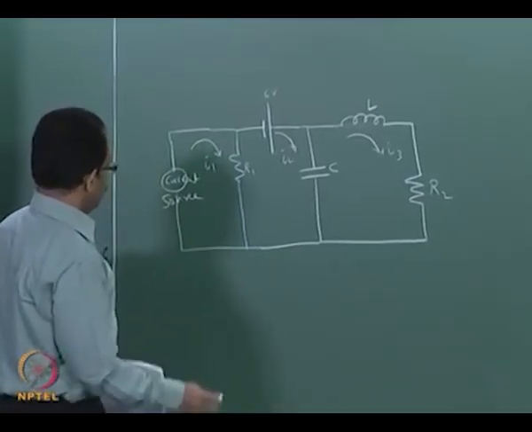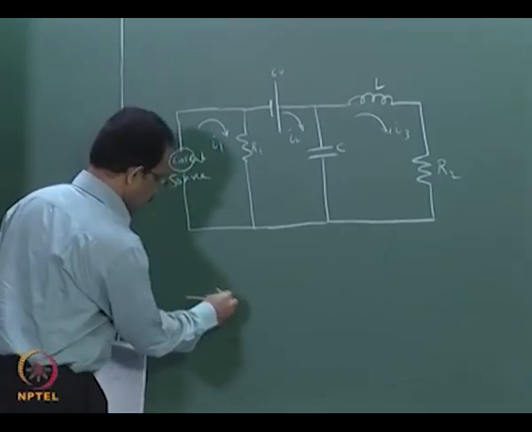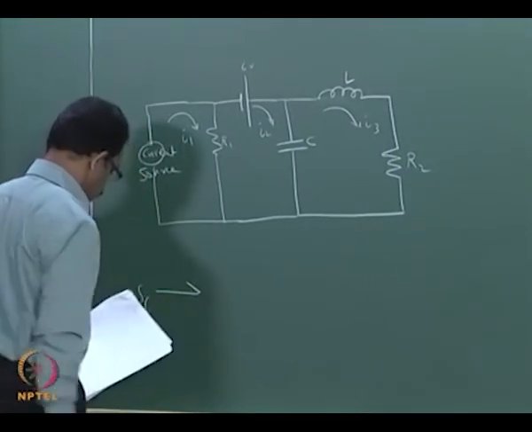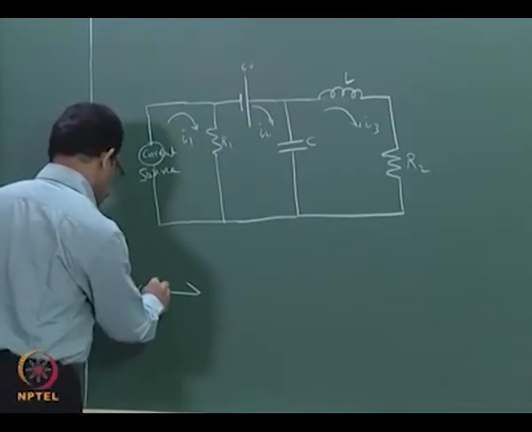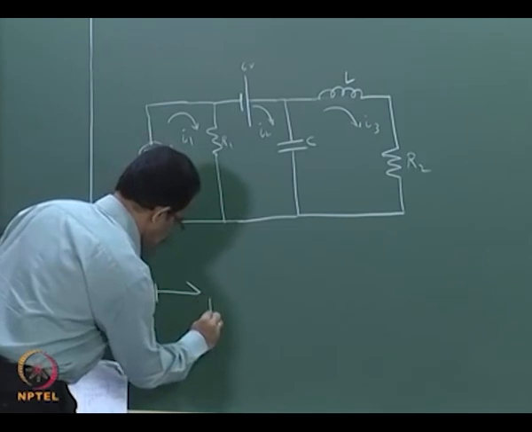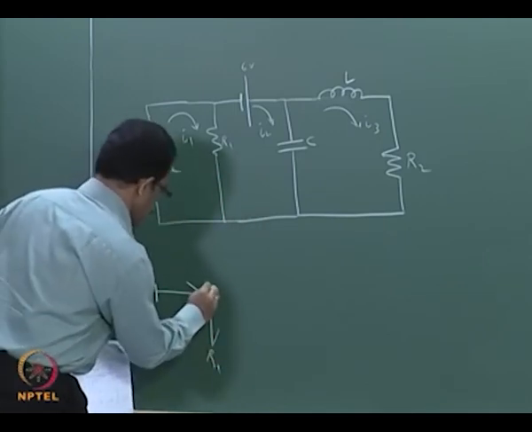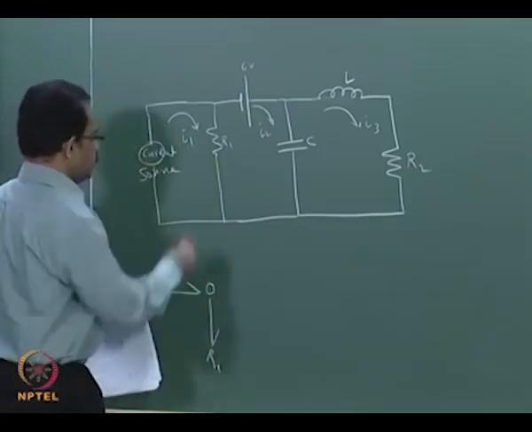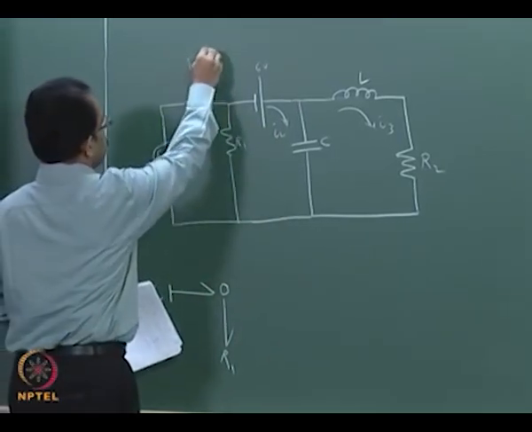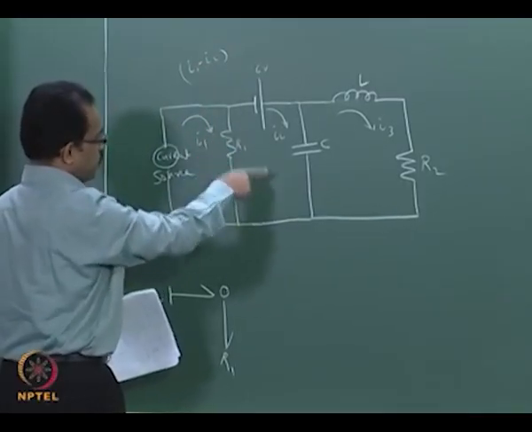Now, to model this one, we know that there is a current source, so we start with an SF element. An SF element represents the current source, and its causality is like this. Then we will have R1 attached to this one, and a 0 junction, because R1 is subjected to I1 and I2. Basically I1 minus I2 will be the current flowing through this, because they are in different directions.